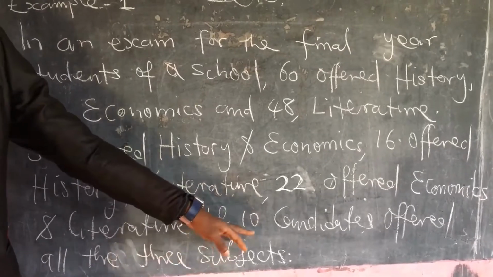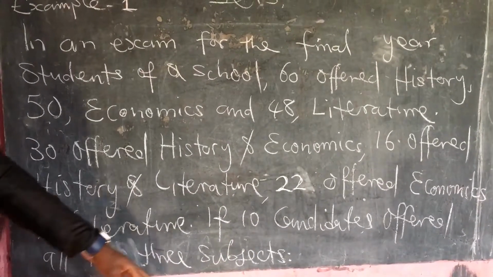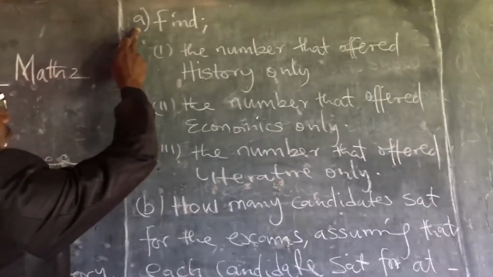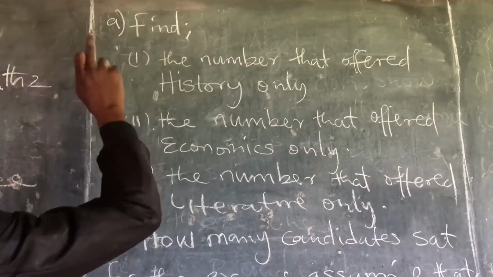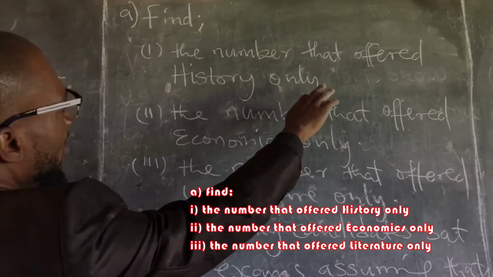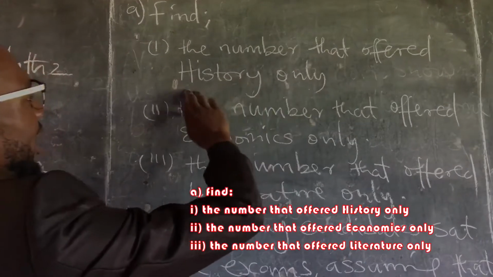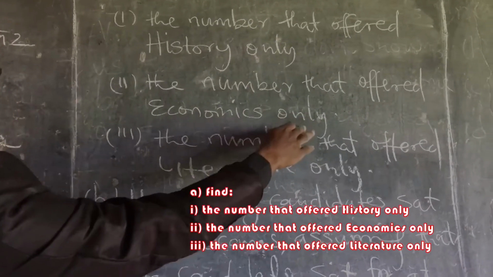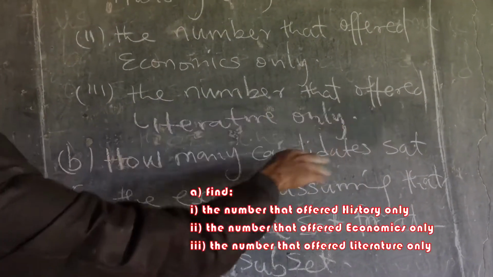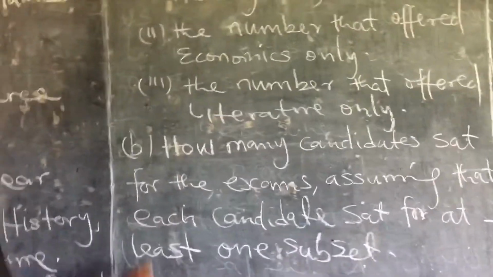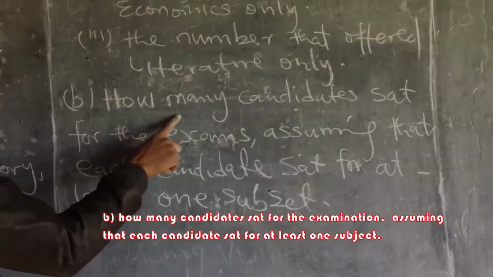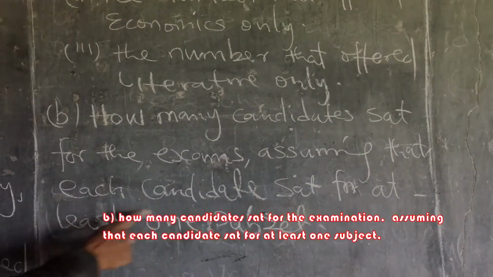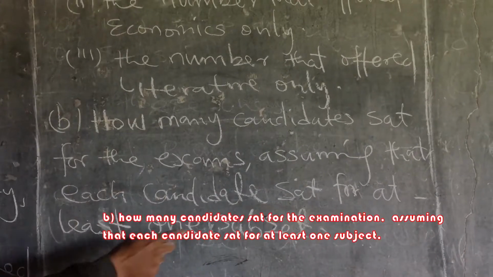If 10 candidates offered all the 3 subjects, find: one, the number that offered history only; two, the number that offered economics only; three, the number that offered literature only. And then question B says how many candidates sat for the exams, assuming that each candidate sat for at least 1 subject.